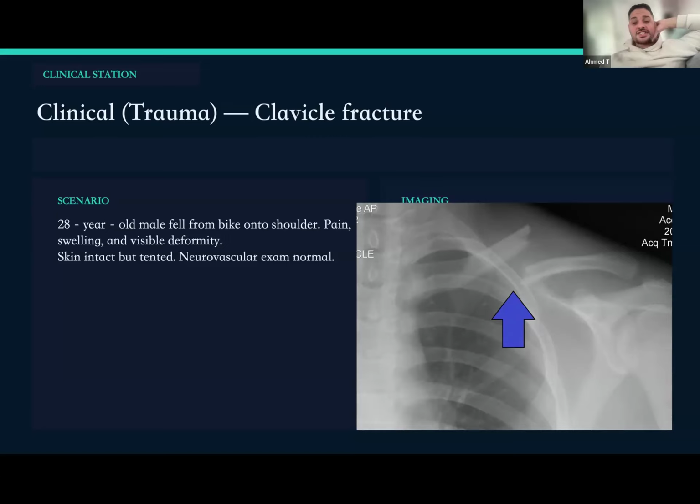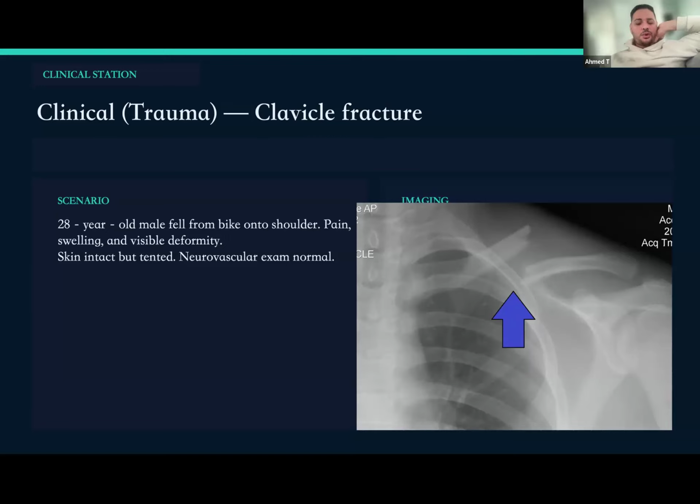All right, that's very good. Is skin tenting an absolute indication for fixation of the clavicle? It's very, very debatable, to be honest. But one of the indications for open reduction internal fixation is compromise of the skin.